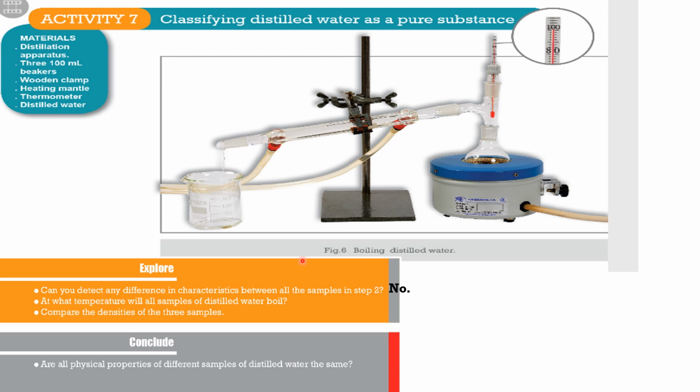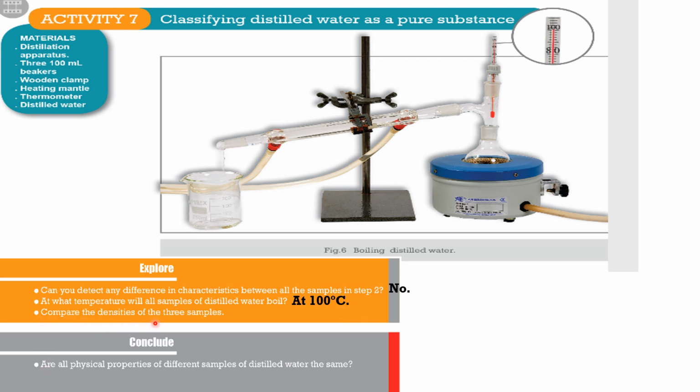So the answer is no. At what temperature will all samples of distilled water boil? As you all know, water boils at 100 degrees Celsius. This is distilled water, it's a pure substance, so it has a constant boiling point, which is 100 degrees Celsius.